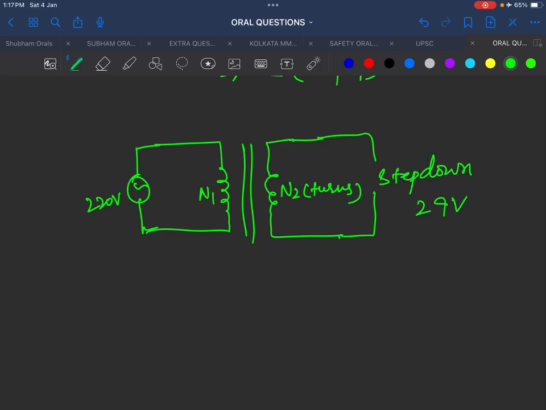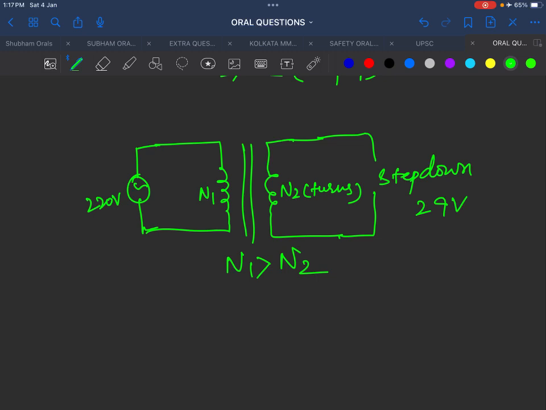Let's suppose you want to convert from 220 to 24 volt. So what we have to do is increase N1. N1 is greater than N2, then your voltage is step down.